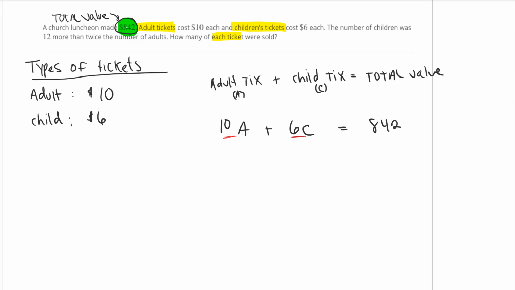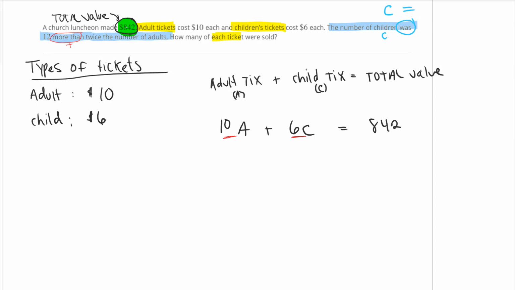So now we're going to get our second equation from our second sentence here. The number of children was 12 more than twice the number of adults. So we're going to go ahead and translate that. So here that was is my equals. And the children, remember, we called C. So the children, C, equals 12 more than, but we know that more than just means to add.